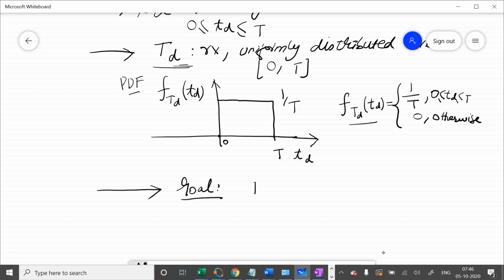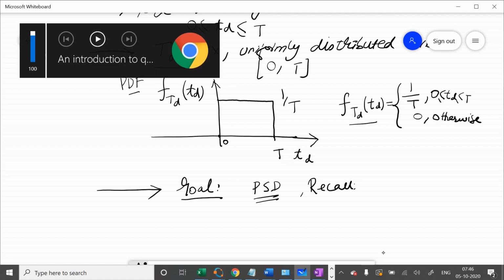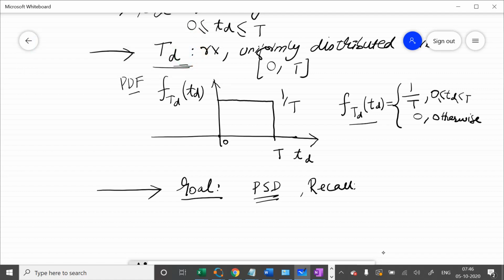Now what is our goal? Our goal is to find the power spectral density. I recall that the classical definition of power spectral density is the Fourier transform of the autocorrelation function.